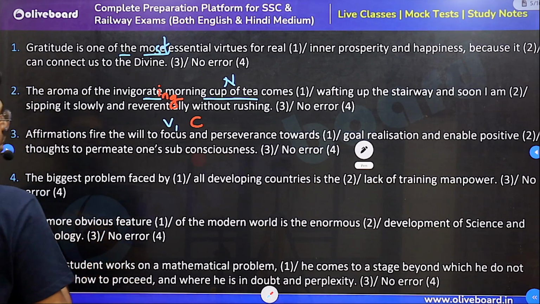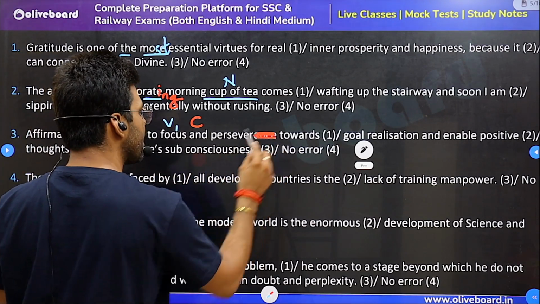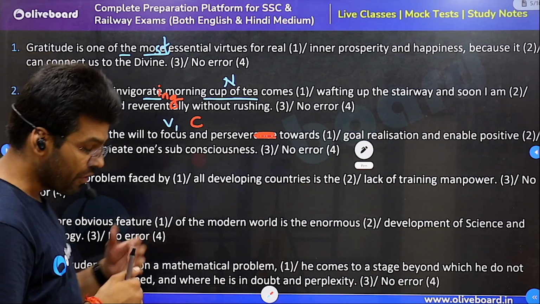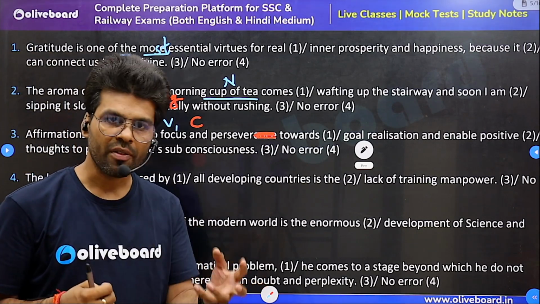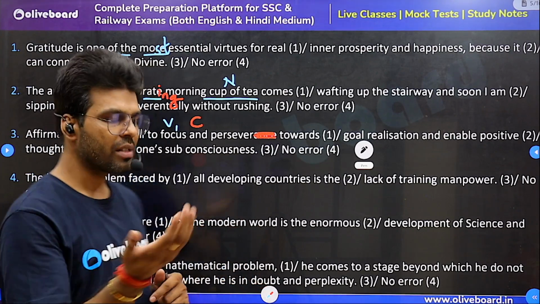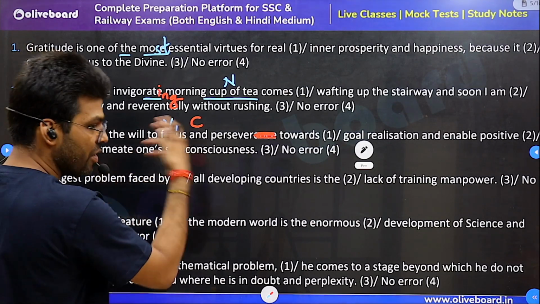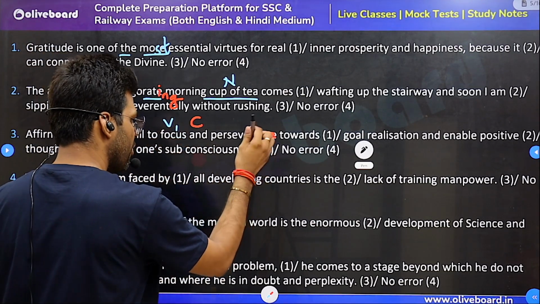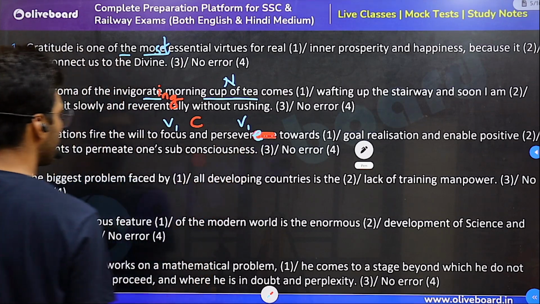So the free will to focus and to persevere, not perseverance. Ance is the noun suffix. Attend becomes attendance. Prefer, preference. Refer, reference. Accept, acceptance. So persevere, perseverance. Just the verb form will be okay. Persevere, V1. V1 plus V1.